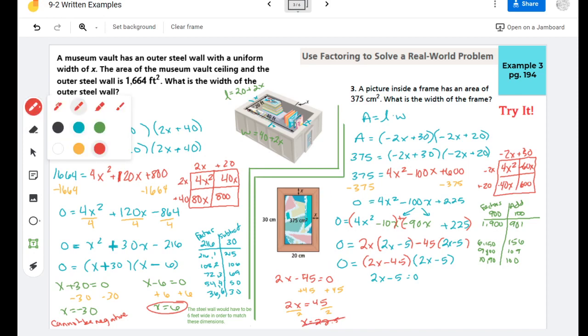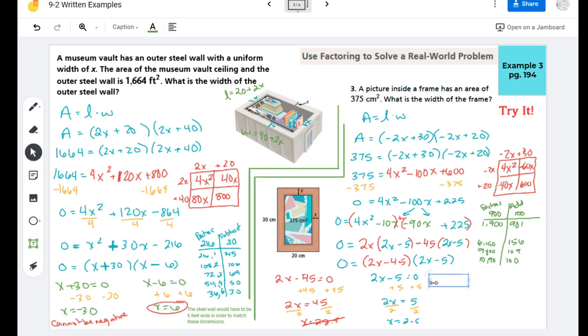Alright, so now let's try the blue one and see if the blue one works out. So I'm going to go ahead and add the 5 over. So I get 2x equals 5. And then if I divide by the 2, I get that x equals 2.5. And that 2.5 centimeters is a lot more reasonable, right?